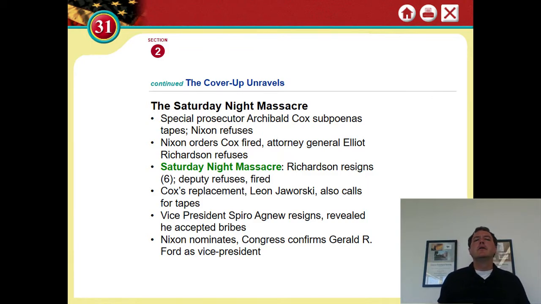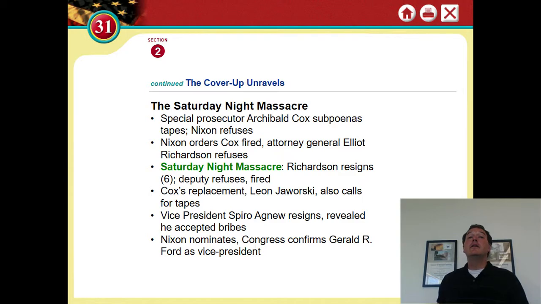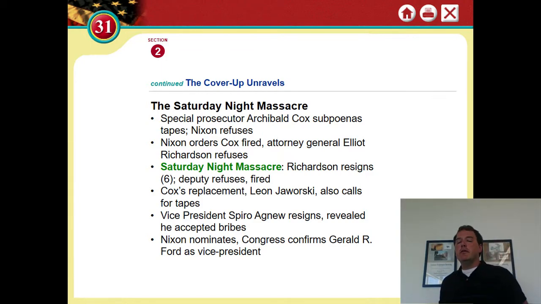Nixon ordered that the special prosecutor be fired. So he attempted to fire the person that was challenging him, that was leading his case. And the Attorney General of the United States, Elliot Richardson, actually refused.